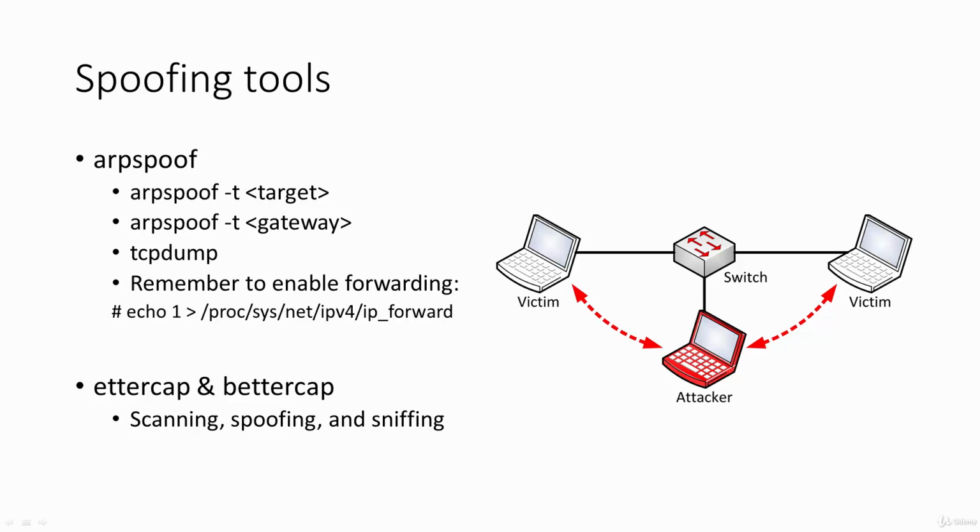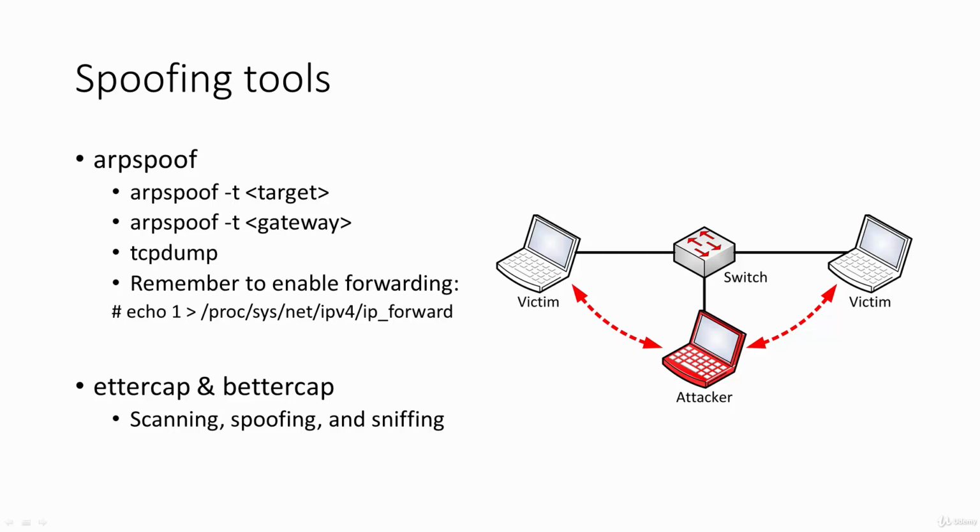But remember that you will have to put this one into this configuration parameter, and you will have to spoof all the targets you want to pass the traffic through you, and their shared gateway, which you should share as well, right? So you have to do that from within the same broadcast segment, from the same local network.